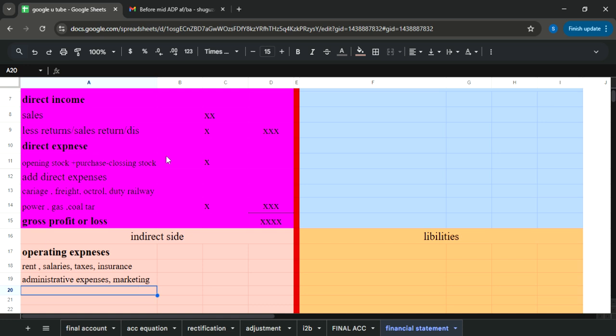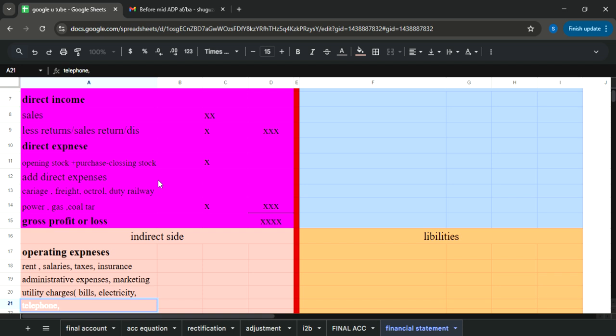So similarly, utility charges, some more examples I'm going to put. Utility charges, that means your bills, maybe electricity, maybe telephone charges.